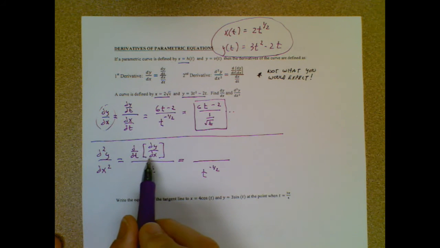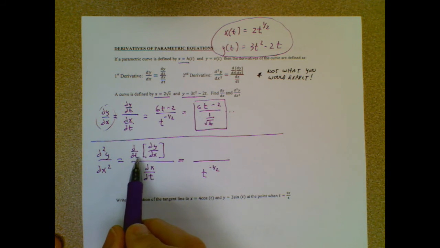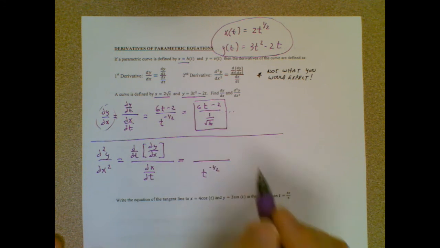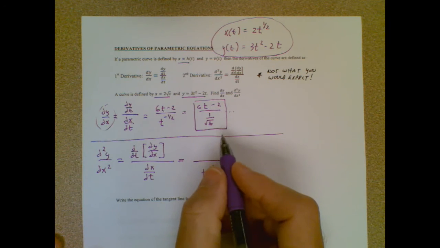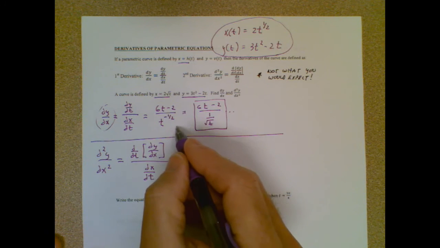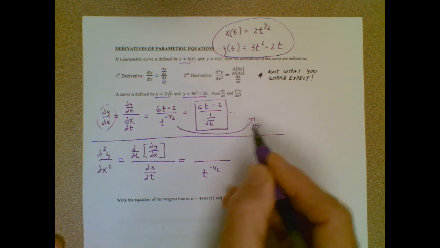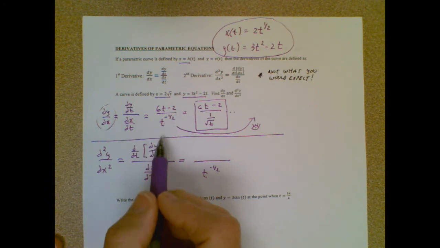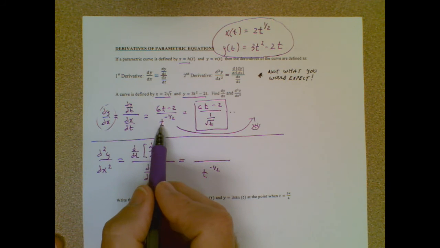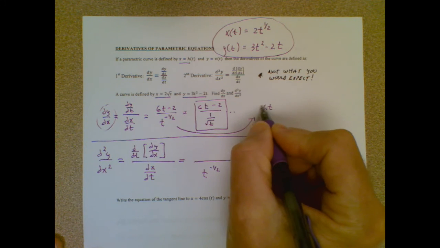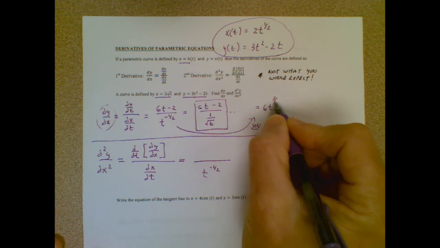However, the numerator is the derivative with respect to time of dy/dx, which means I need to take the derivative with respect to time of this. This is my dy/dx, and that doesn't look to be in a very good form. So what I'm going to do is a different eyeball adjustment and rewrite it. If I take the t to the negative 1/2 and divide it into the 6t, I would get 6t to the 3/2 power.